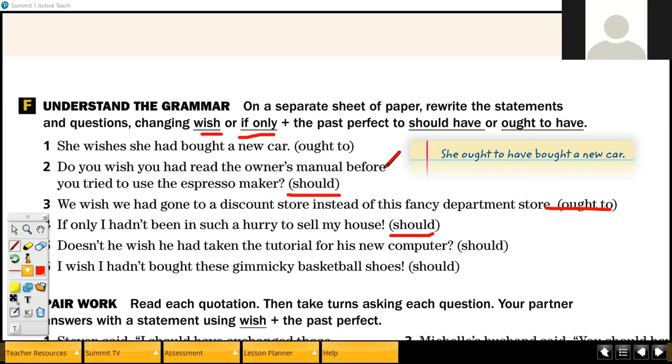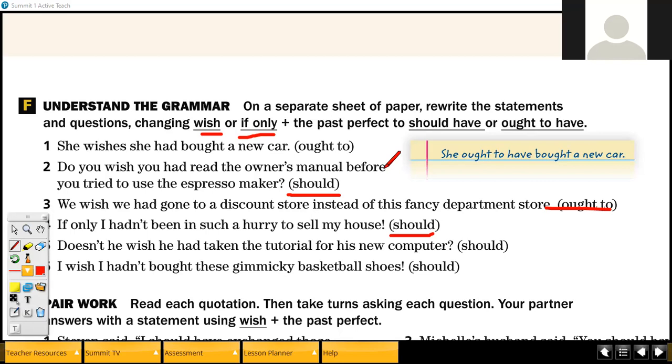Okay, sorry. So it's should you have read? Yes, teacher. Should you have read? Yes, because it was should have. Okay. Yeah, exactly. No, it's should you have read?